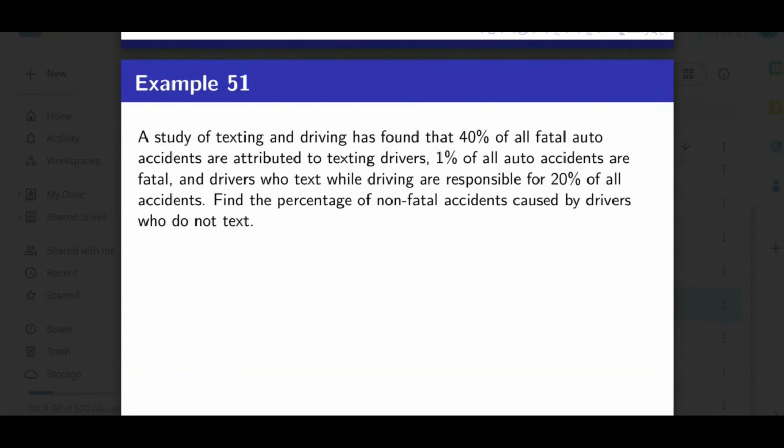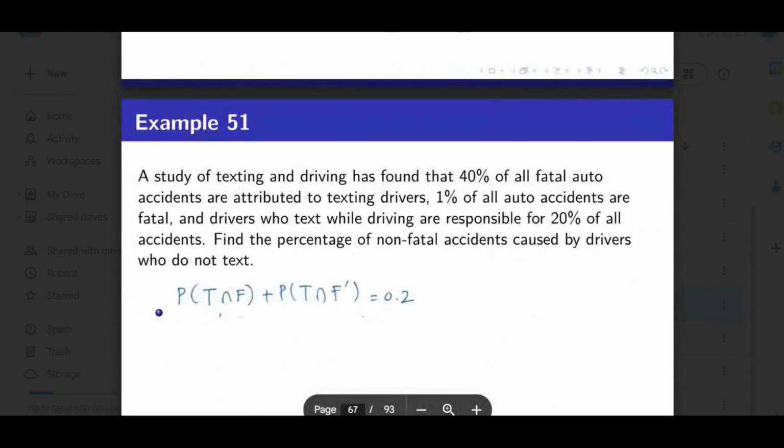Okay, so the first thing to do is write down the things that you know. In this case, we are told that drivers who text while driving are responsible for 20% of accidents. So what does this mean? This means if you text and drive, P(T) stands for drivers who text while driving having an accident.